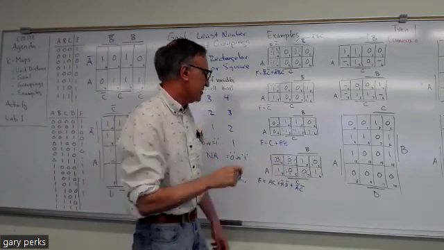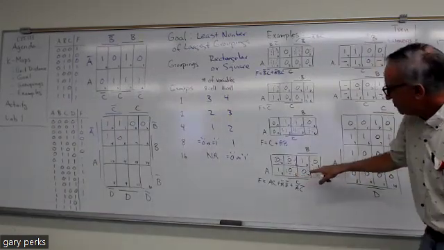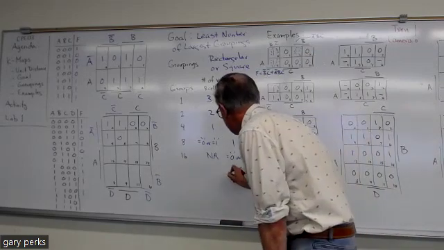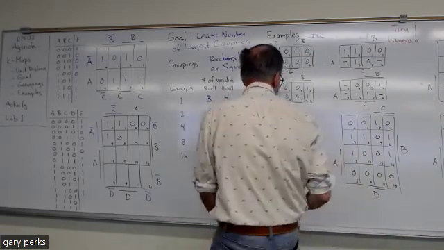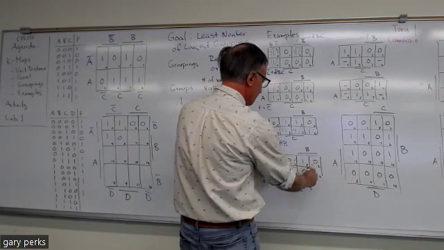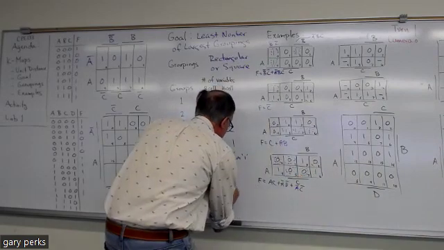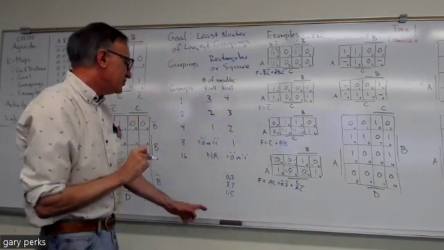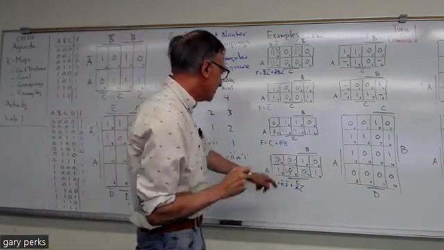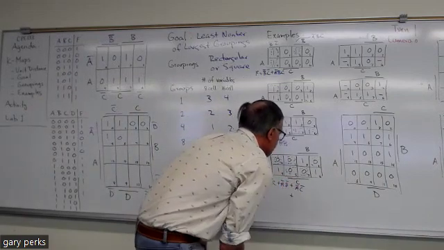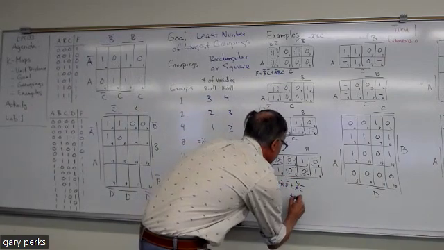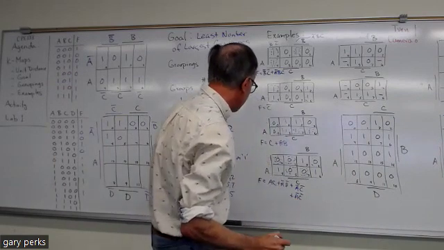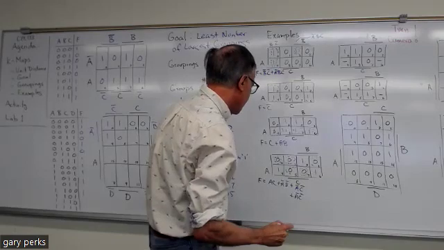And 0 and 2, that would be these 2. And then 5 and 7. But then did 1 and 5 instead, right? So we'd have 2 of the same terms, right? We'd still have the not A, not C, because that was from the 0 and the 2. And that's the 5 and the 7. That was AC, right?